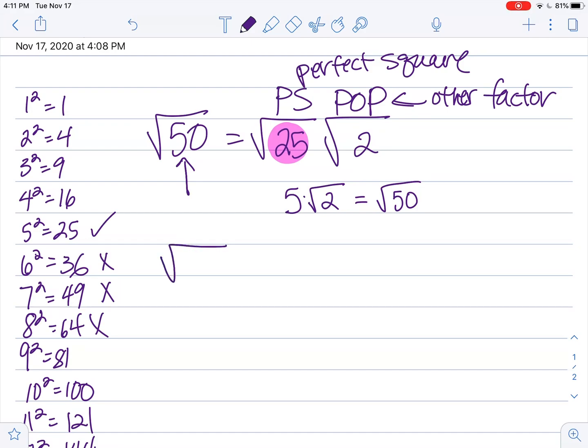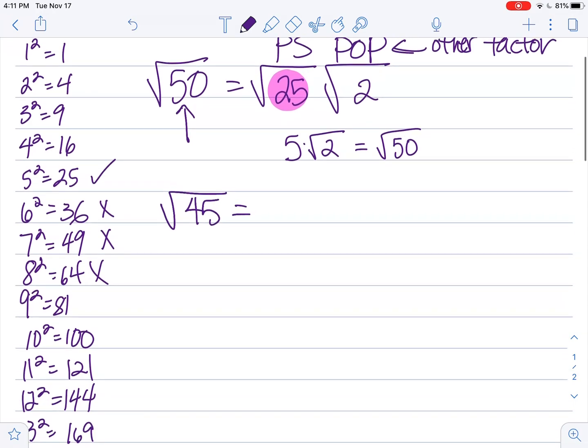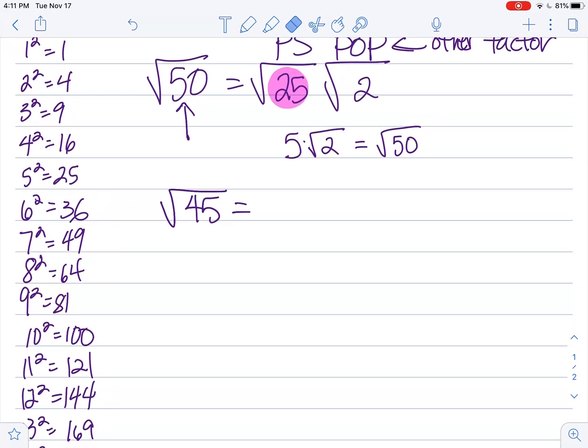Let's take another one: the square root of 45. Now we have to use numbers that are less than 45. 49 is not going to work because it's greater. 36 is not a factor of 45. 25 is not going to work. 16 is not going to work.